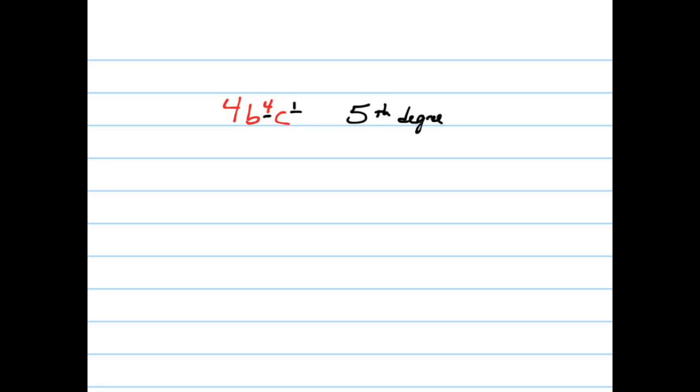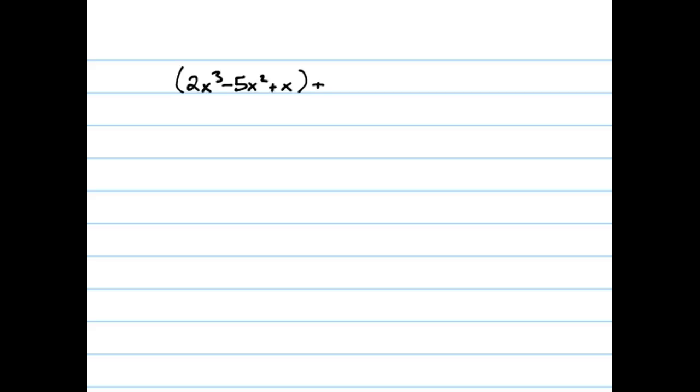So now that we have a basic understanding of polynomials, let's look at adding and subtracting. If I want to add two polynomials, essentially what I'm doing is something I've been doing for a while, which is adding like terms. So the first thing I want to do is identify the like terms in this sum.